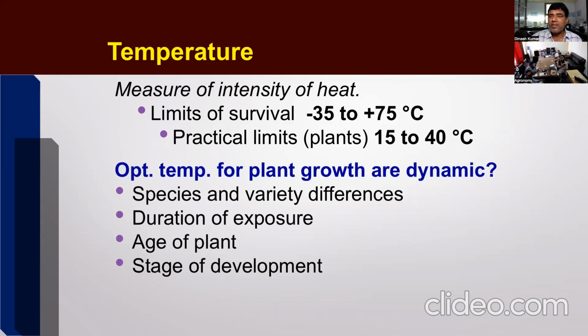Rice is the same crop, but some rice is grown in Japan, and some in Afghanistan and India, which are subtropical or tropical countries. So temperature requirement changes with the variety, species, location, age of the plant, and stage of development. Therefore, it is said that optimum temperature for plant growth is dynamic.